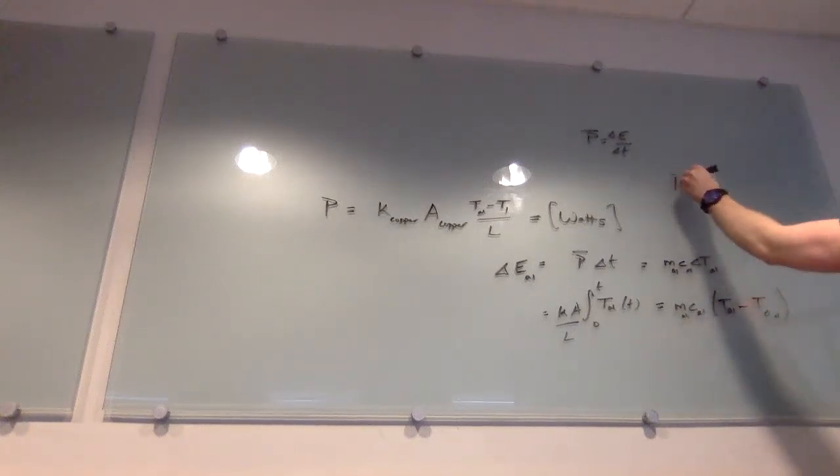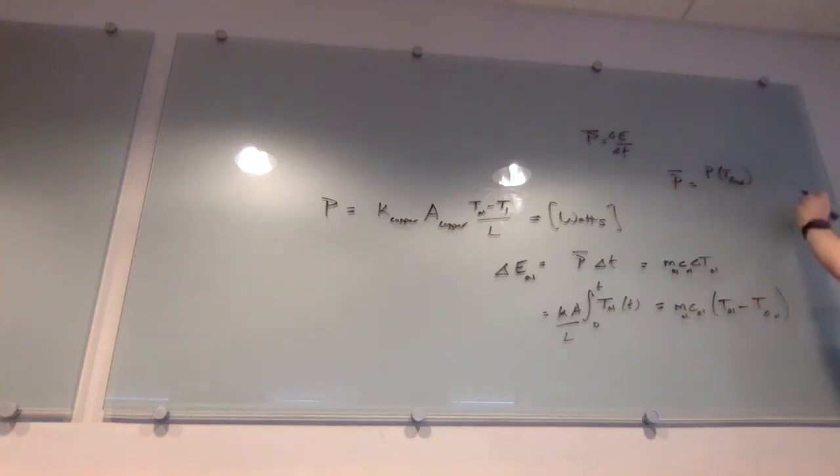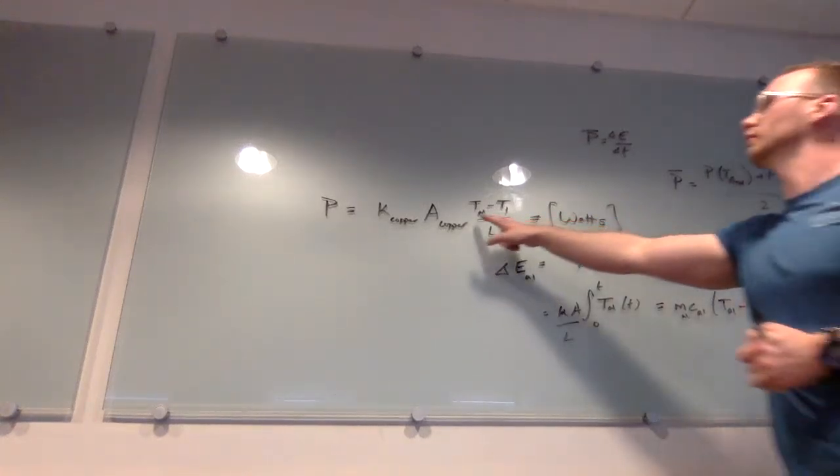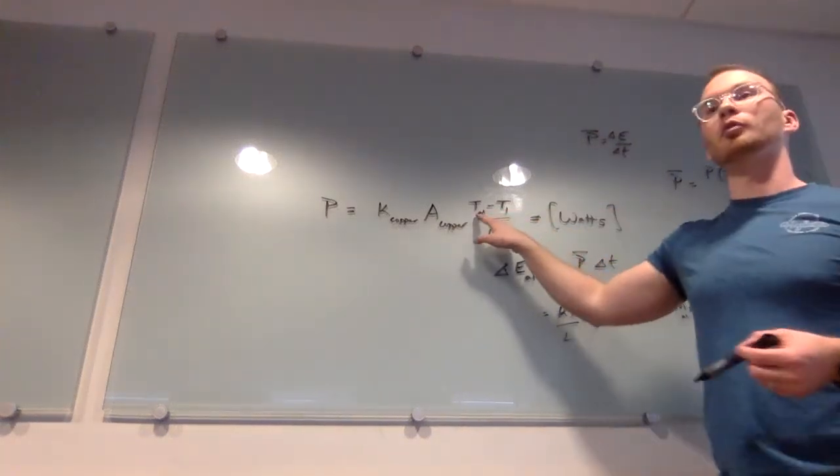I'll say average power is going to be the power at T final plus the power at T initial, over 2. And that is actually correct. I don't know why I'm hesitant. I feel like it's too simple, but no, that is correct because it's linear. So the argument in here means the aluminum temperature, right?